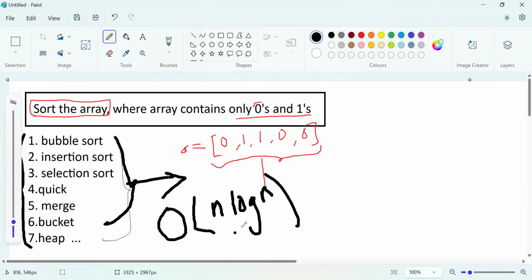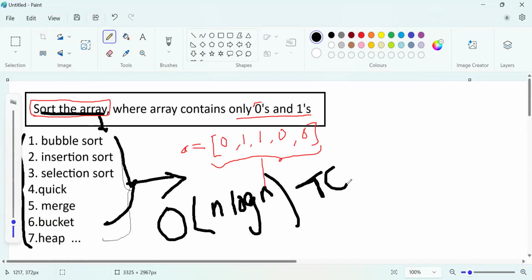So that is true, we can sort this array using these techniques, and the time complexity will be n log n.